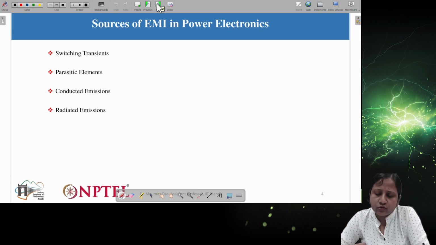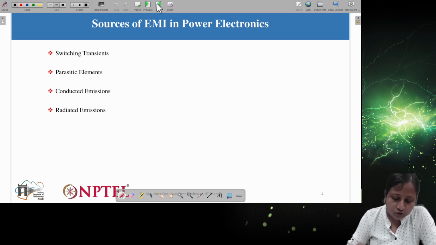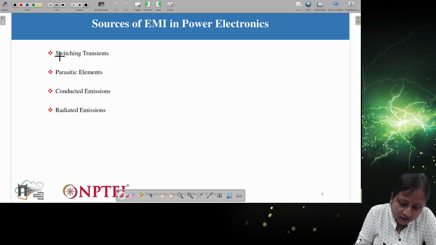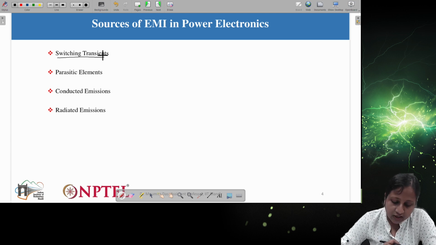so now the sources of EMI, what are those? If you consider any power electronic system, the main component is the switch, which is basically the heart of the power electronics system. These switches cause switching transients, and this switching transient is one of the main reasons for the EMI noise.